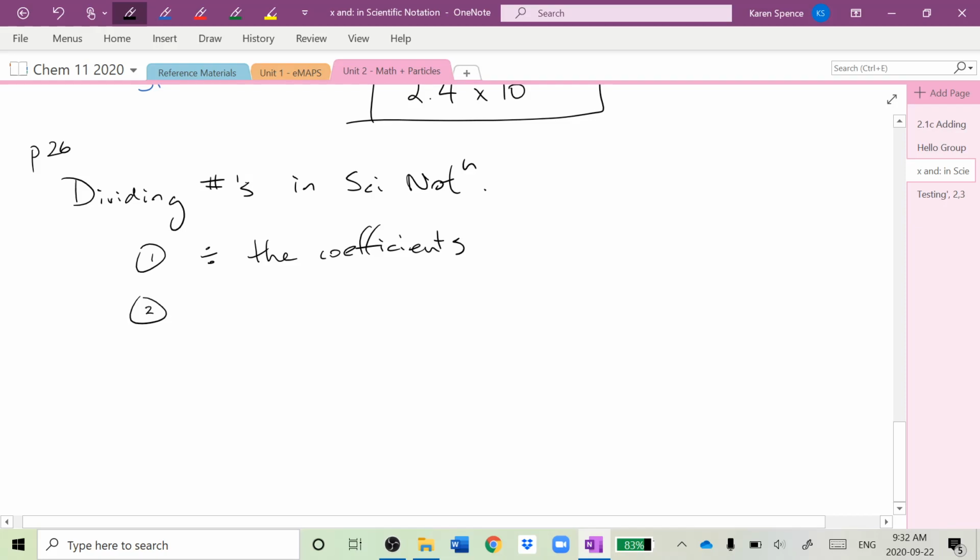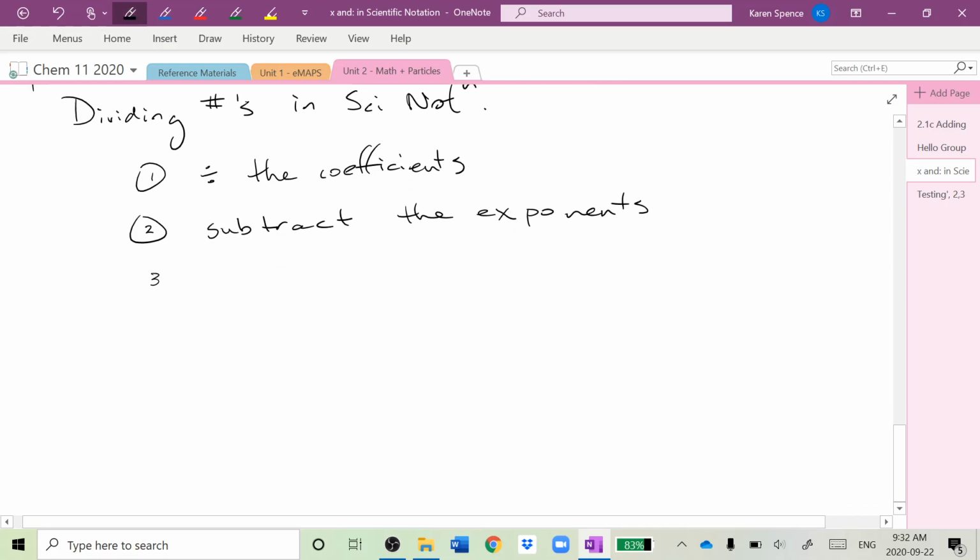And instead of adding the exponents, we will subtract the exponents. And then steps 3 and 4 are exactly the same. You need to check for correct scientific notation. And then you need to check for correct sig figs.